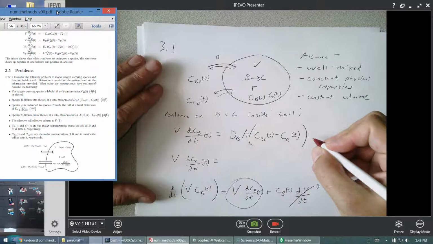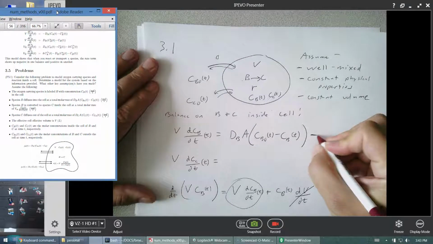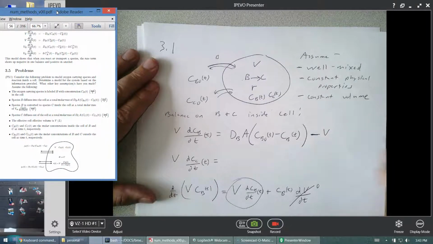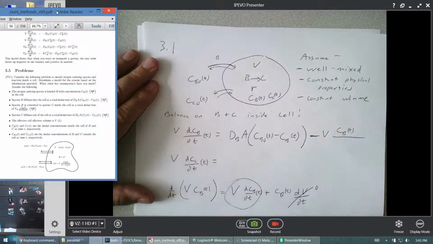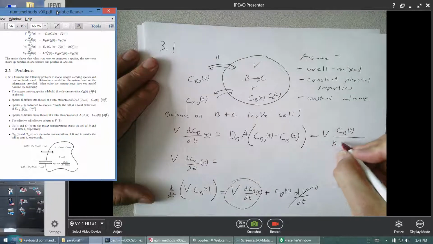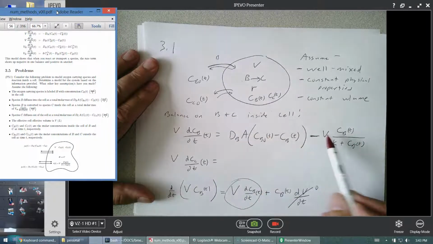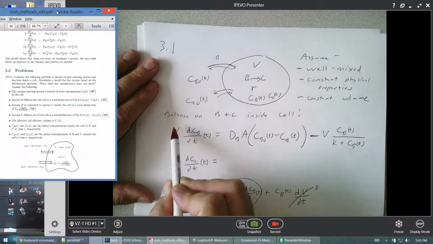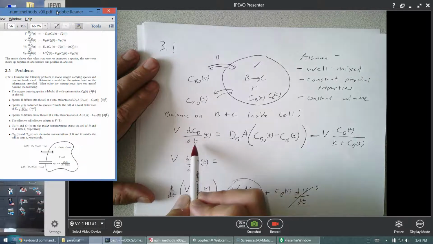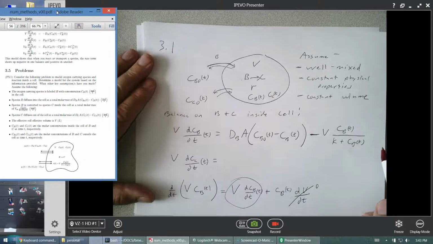Since we're converting B, we're consuming B. So it's going to be a negative V times C_B of t over K plus C_B of t. This has units of moles per second. This has units of moles per second. This is moles per liter second, but this is liters, so the volumes cancel. And we get moles per second. So this balance should be good.